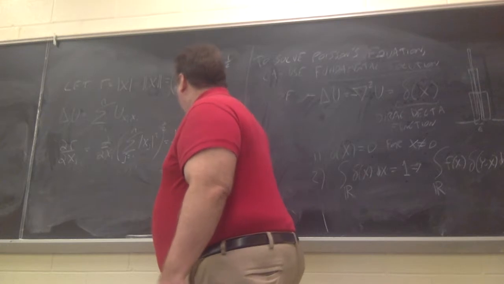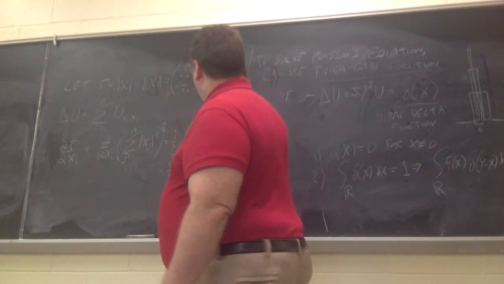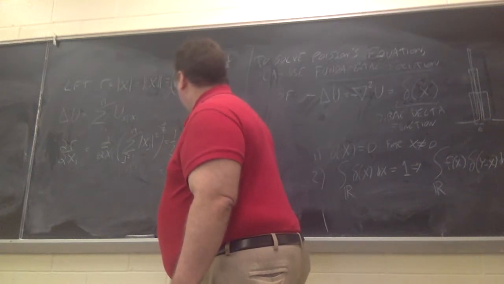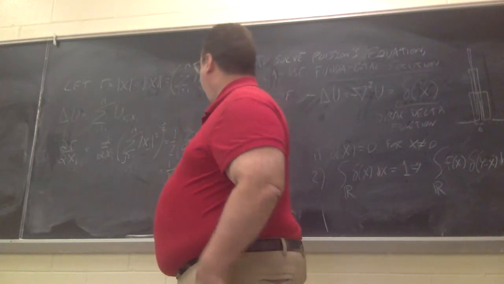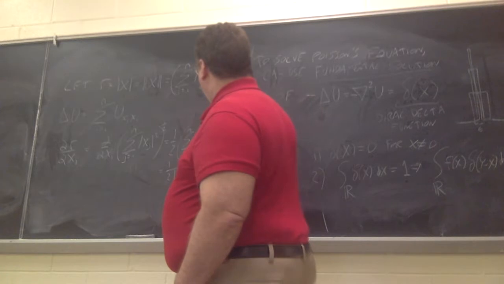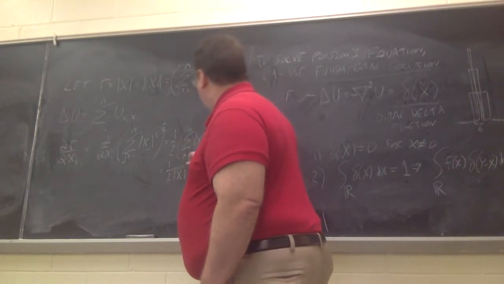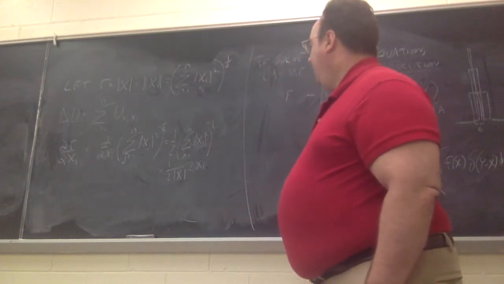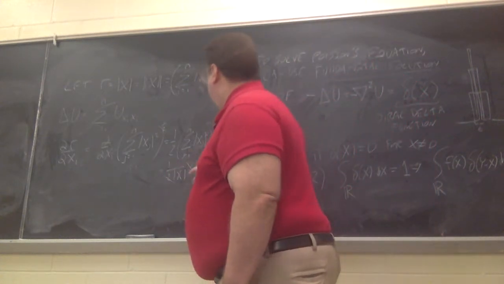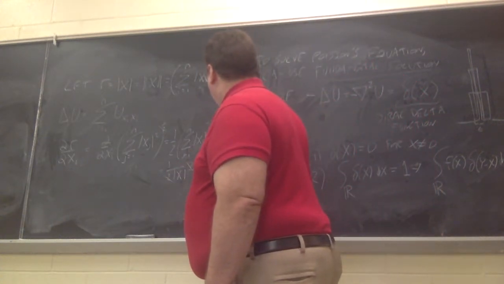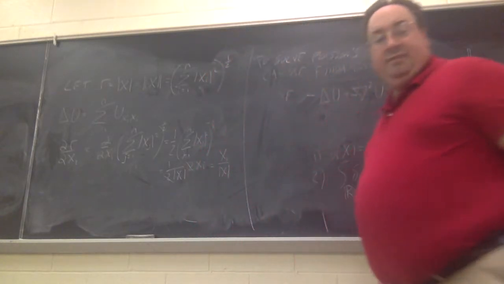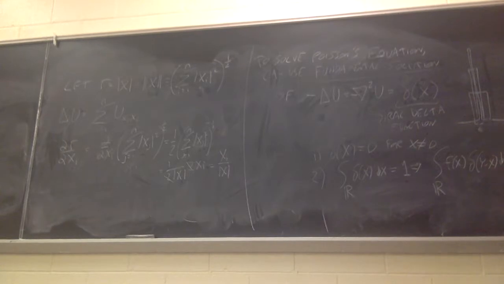So I have 1/2, and then this right here with a minus 1/2, that's just x again, but in a denominator now. And then when j equals i, I'm going to get 2xi. The 2's cancel. So that is just going to be xi over magnitude of x. That's only when j equals i.